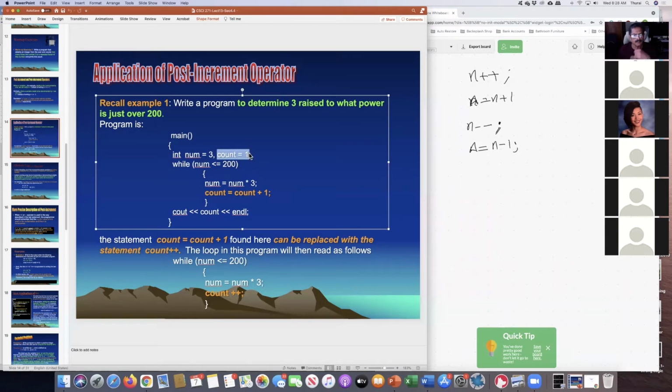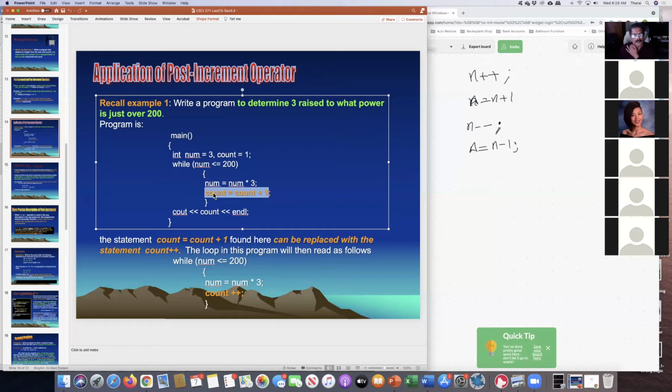So 3 is right now 3 to the power 1, so the count is 1. And while num is under 200, multiply num by 3 and increment the counter, so that counter will keep track of the power. When you multiply num by 3, the power is going up by 1, so the count is going up by 1.